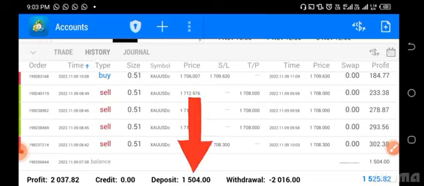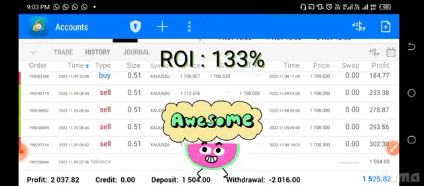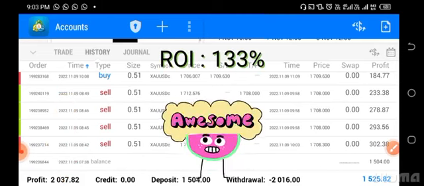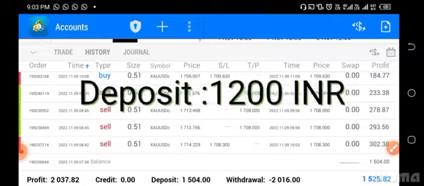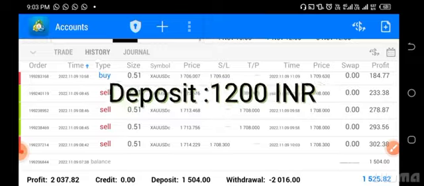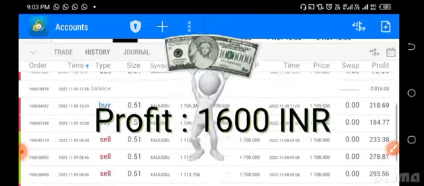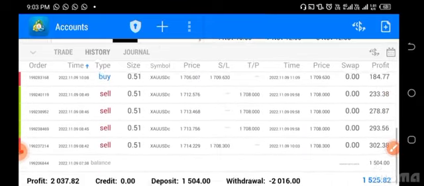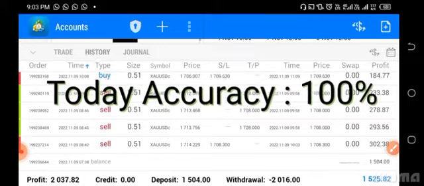If you check, there is a deposit of $15, around 1200 INR, and we got a profit of $20, almost 133% ROI, meaning with a 1200 INR deposit we earned almost 1600 rupees. So this is our trade history, and we also made a withdrawal of $20.